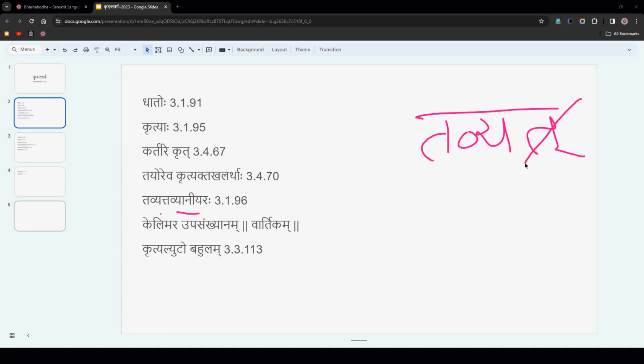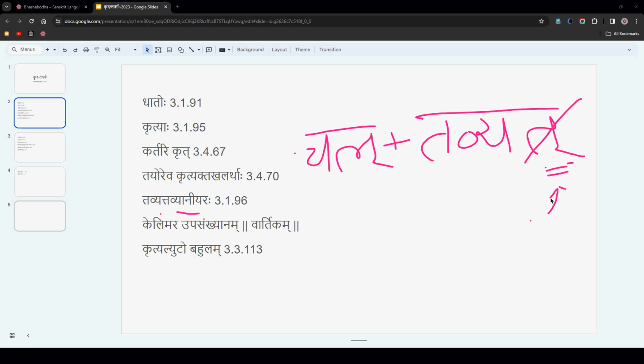In the process, when we add, like chal plus tavyat, the last takara is removed. And this is the example here.